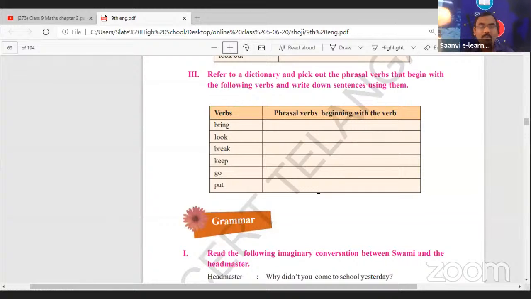Write the sentence, the child kept away from the school yesterday. Go back. The sentence, we will go back next week.